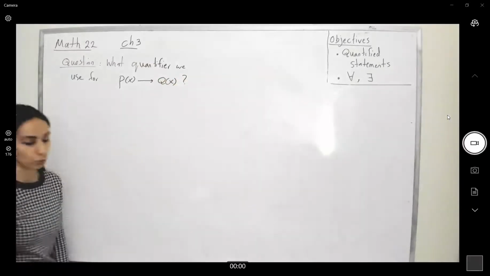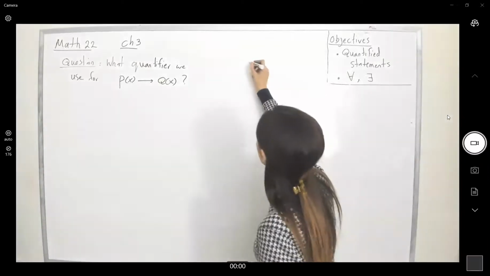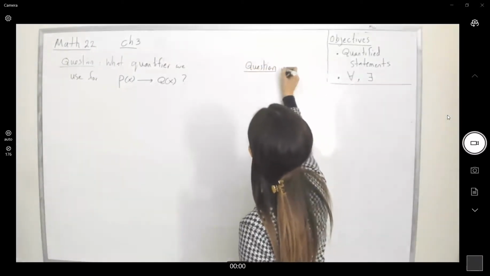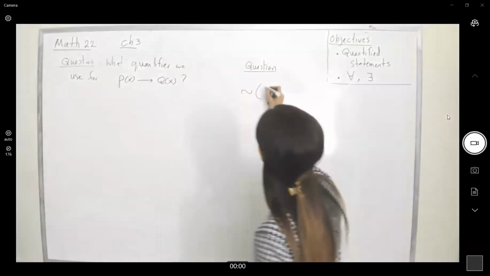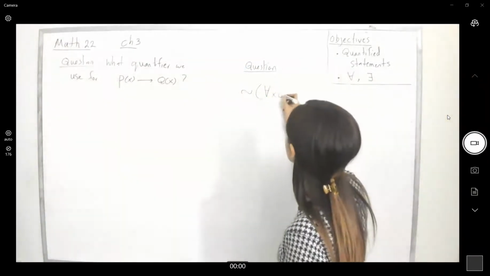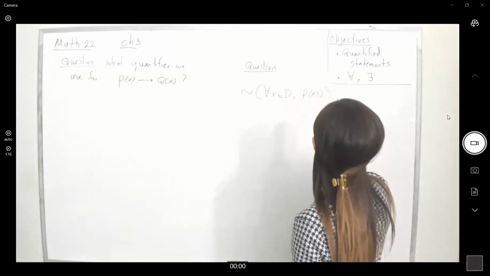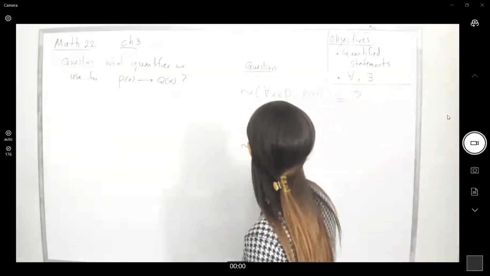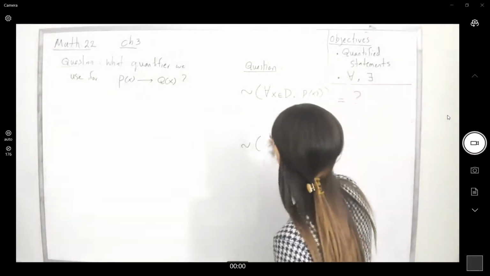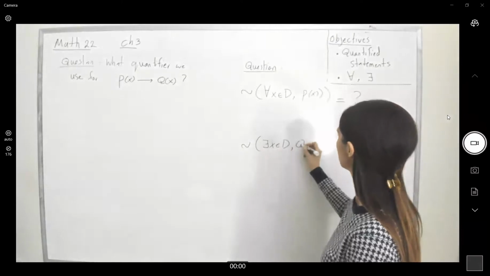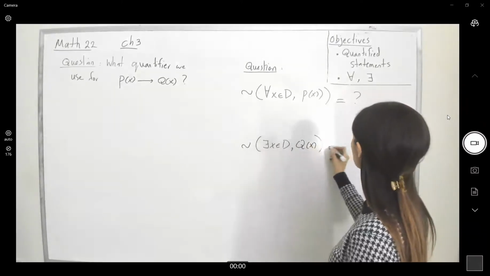What quantifier do you use here? Another question for you. What's the negation for all x in D, Px? What's the negation? There is x in D, Qx.